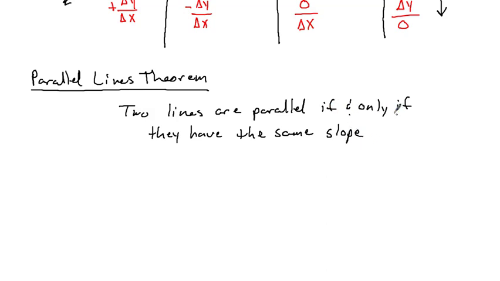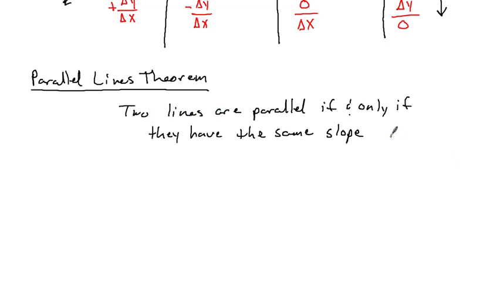Okay, remember, if and only if is used in a biconditional statement, which means the statement's true regardless of which way you read it. So two lines are parallel if and only if they have the same slope, and we could say two lines have the same slope if and only if they're parallel. So this is basically a definition of parallel lines.